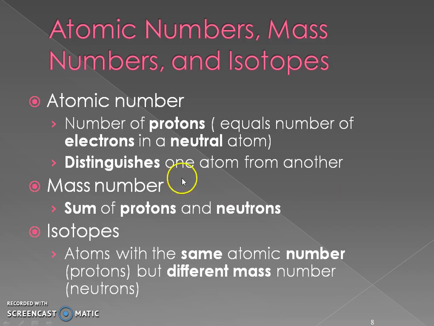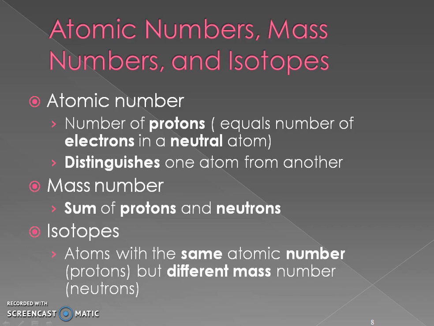So we want to remember that the atomic number, or the number of protons, really is going to identify an element from one another. We want to remember that the mass number is the protons and the neutrons added up together. And we want to remember that isotopes are atoms with the same number of protons, but they will have a different mass number because their number of neutrons changes.